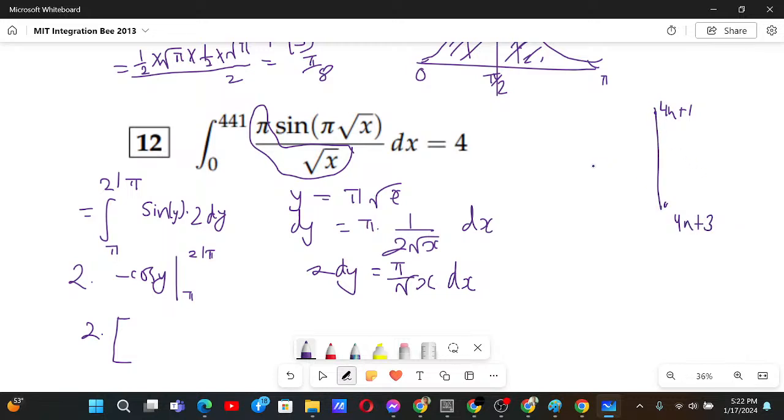Yeah, and over here we have 4n plus 2, over here we have 4n. Now 21 lies in 4n plus 1. Yeah, so in this our cos value will just be, this is 4n plus 1 pi. Is it 4n plus 1 pi? It's 4n plus 1. What is it?